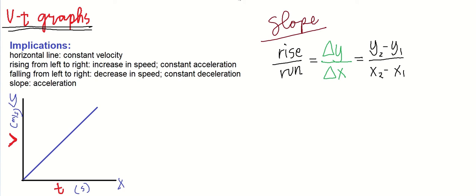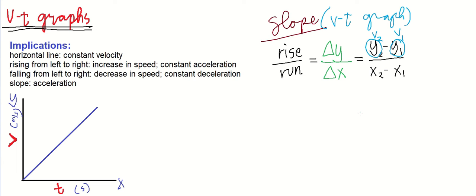Now, in the context of motion graphs, we look here on this part. On the y-axis we have the values of the velocity. This is for a velocity-time graph, VT graph. For a VT graph, the quantity that is on the y-axis is the velocity. So, ibig sabihin, ito ay mapapalitan natin ng velocity 2, velocity 1. Meaning to say, we have two values of velocities.